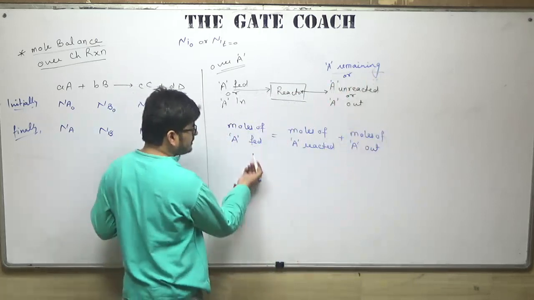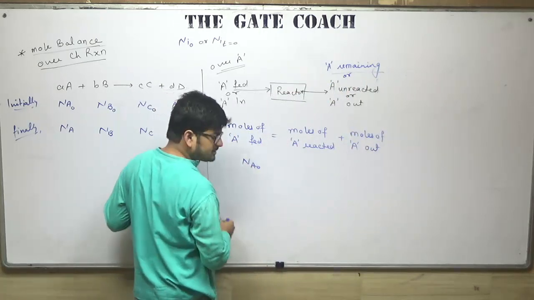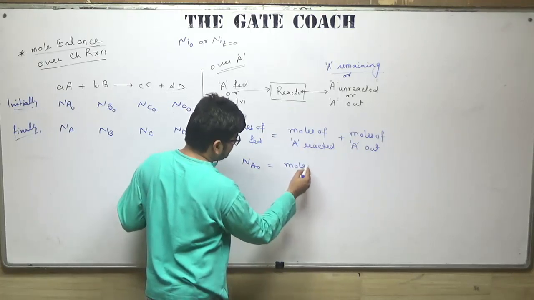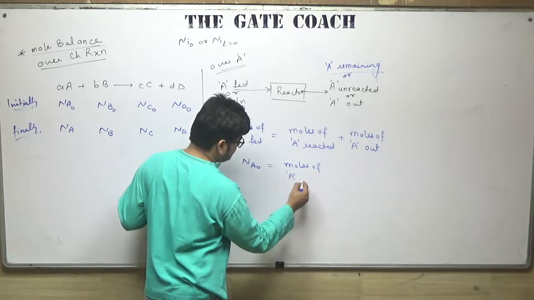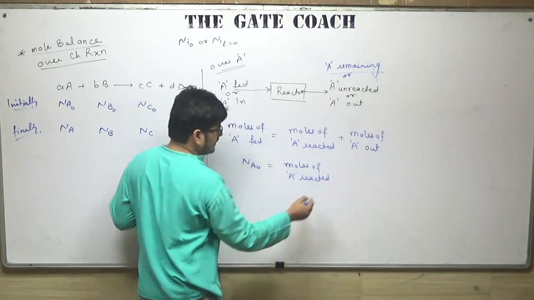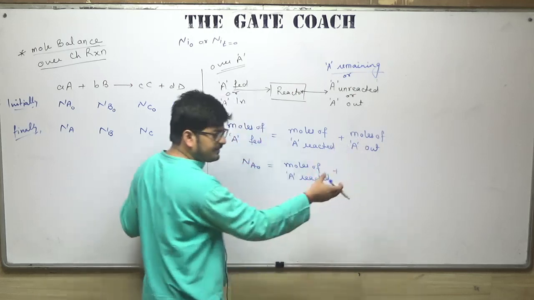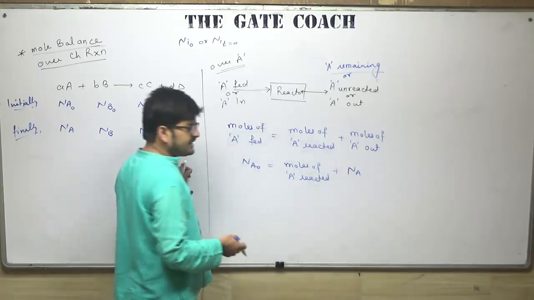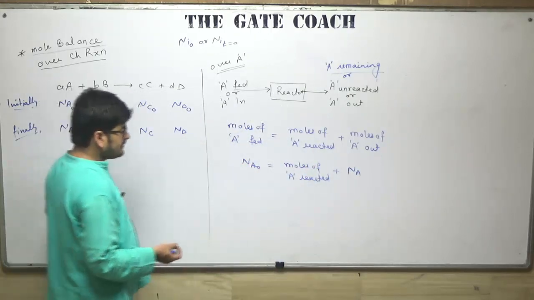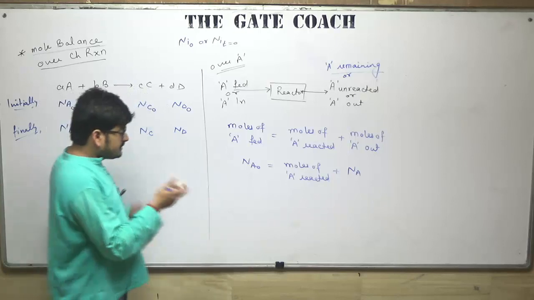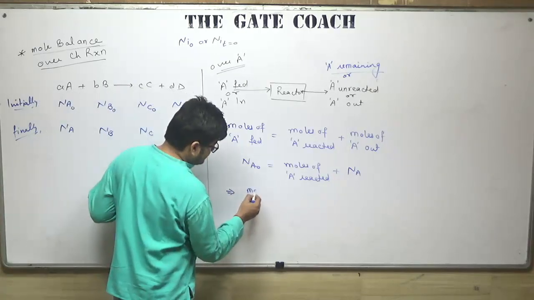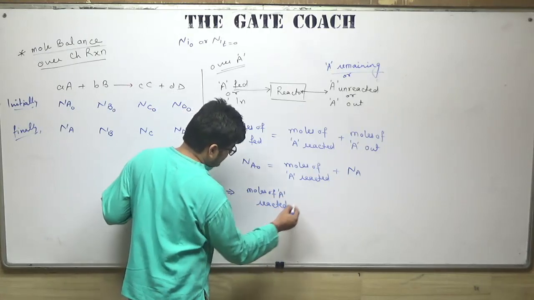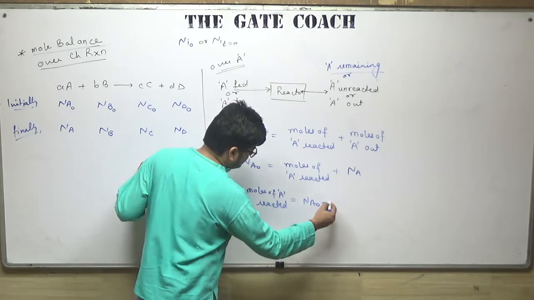Okay, so moles of A fed was Na naught. Moles of A reacted, we don't know. Moles of A out, moles of A remaining, moles of A at any time t, that is Na. So from here you can also write it as moles of A reacted is equal to Na naught minus Na.